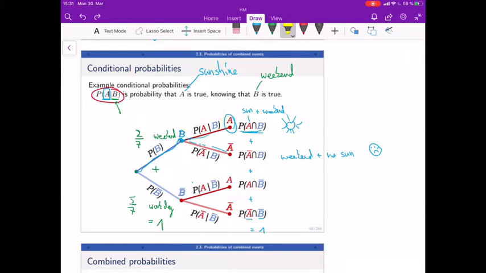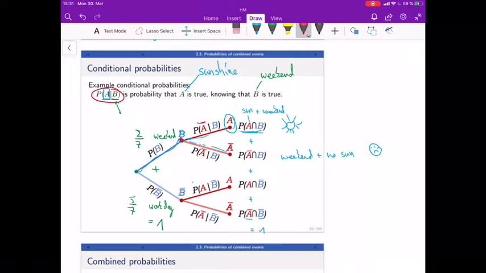Let's take this off for a moment. So, what are the chances if you already know it's a weekend? We've looked at our watch, weekend, Saturday morning. What are the chances for sunshine? Then there's a certain probability for sunshine, P of A, but we already know it is a weekend day.